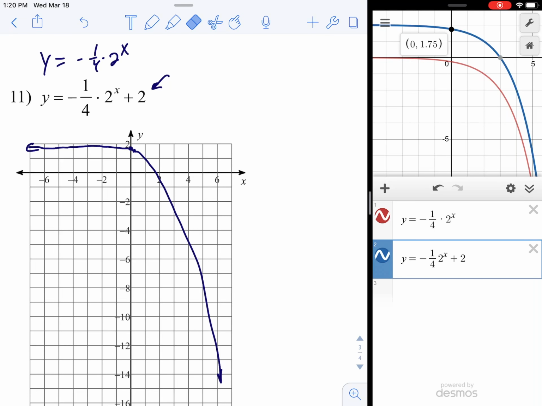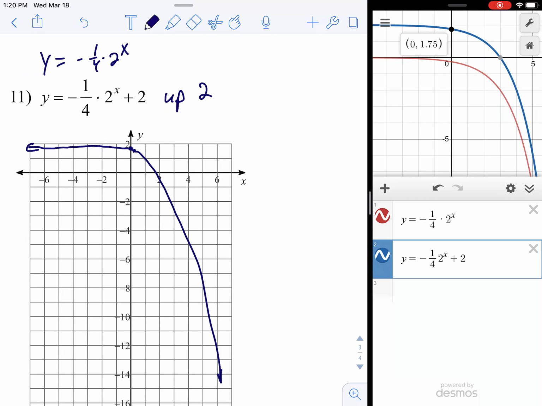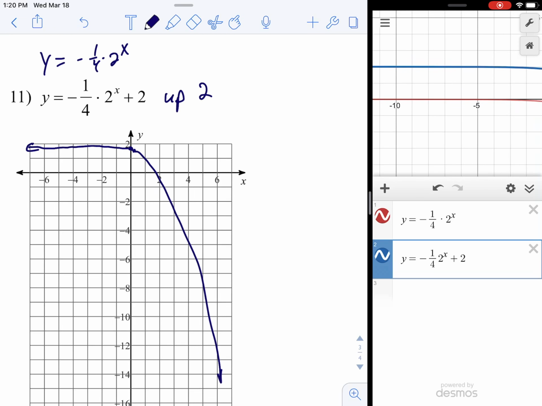So the original graph had the x-axis as an asymptote, and the y-intercept was negative 0.25. This plus 2 had the effect of moving the graph up 2 places. That's a vertical translation or vertical shift. And now the asymptote, well here, if I trace my finger along that line, you see 1.999.